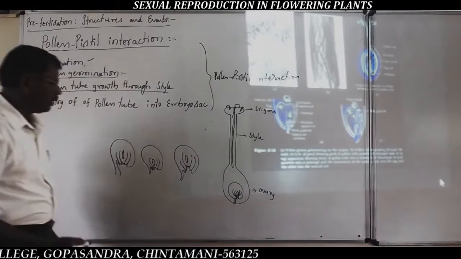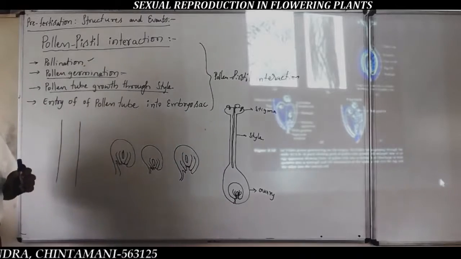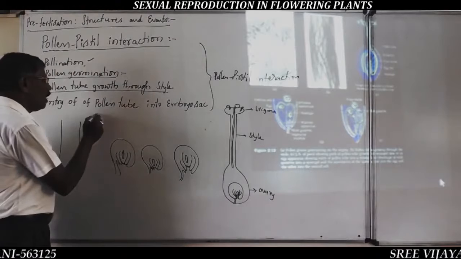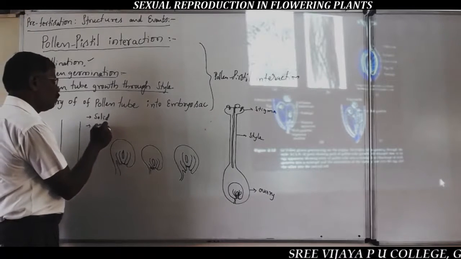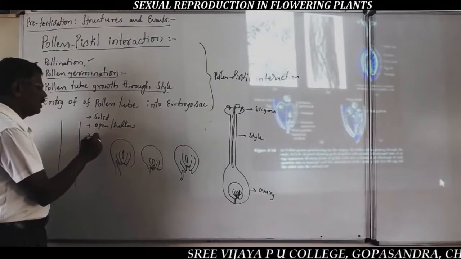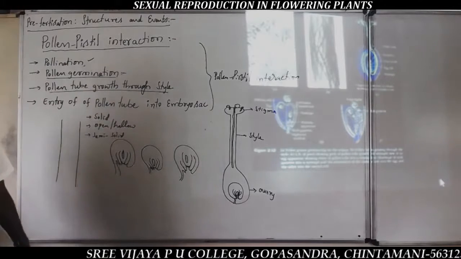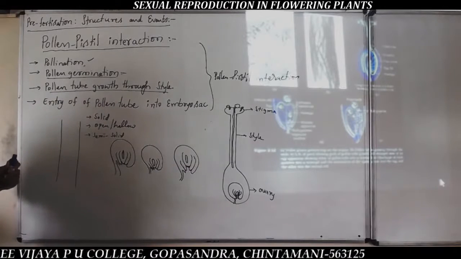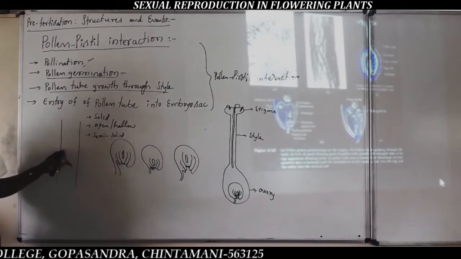There are three types of styles: solid, open or hollow, and semi-solid. If solid, it is totally filled with tissue, the tissue having long cells in the style.